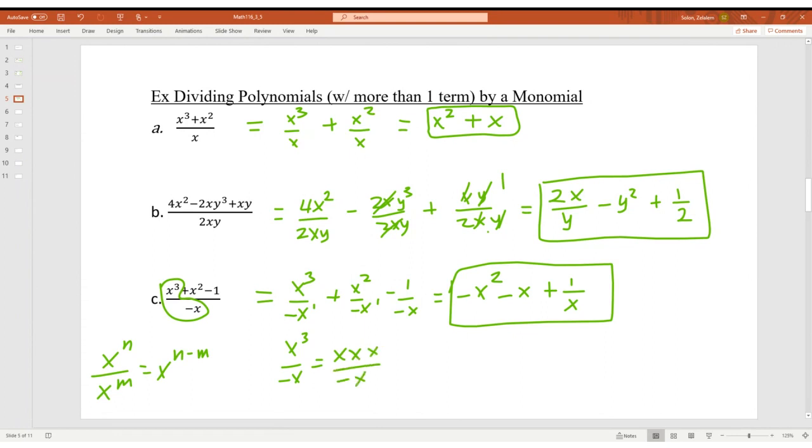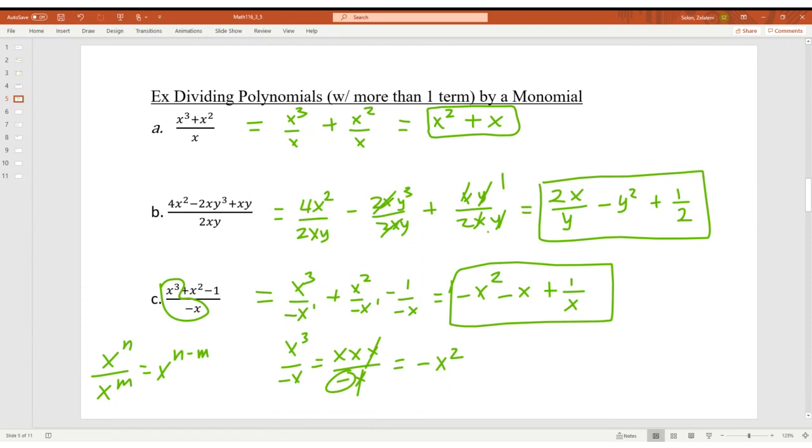So I have 3 x's on the top, 1 x at the bottom. So 1 x will be cancelled out, and I'll be left with 2 x's. Don't forget we have the negative. So x times x is x squared, that's why we got -x squared.